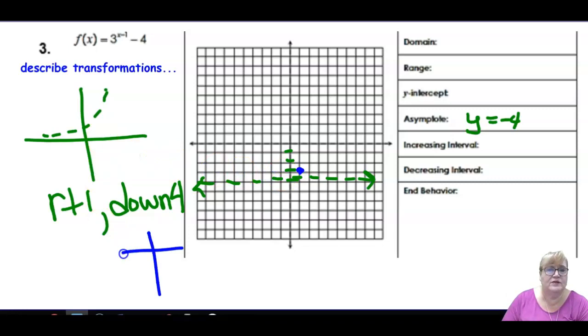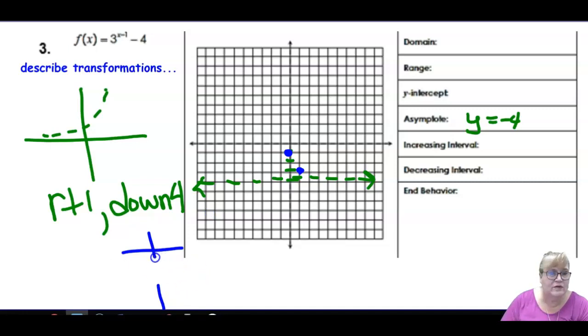But let's talk about that. Let's just put a couple values in. If we put a 0 in, we'd get 3 to the 1, which would be 3, minus 4 is going to be negative 1. What's happening here? This should be growing. 3 to the 0. Oh, I messed up. Not the first time.